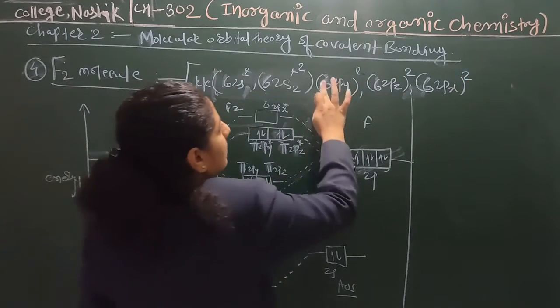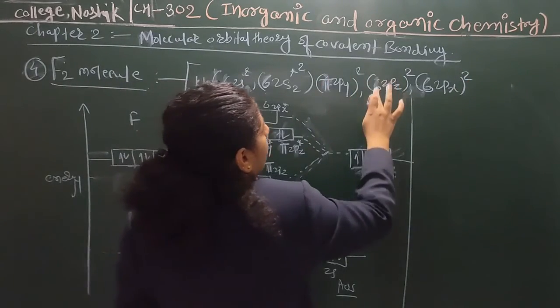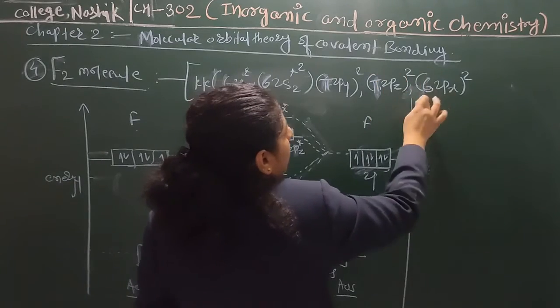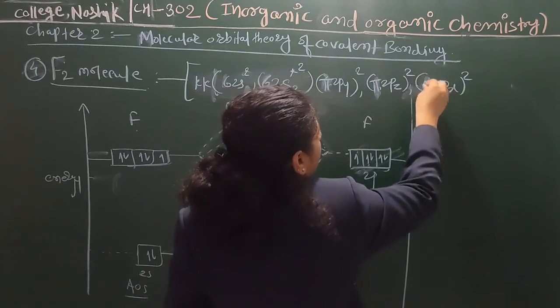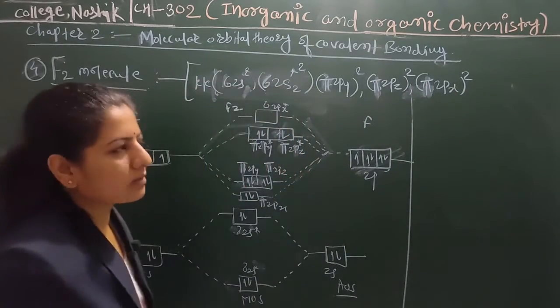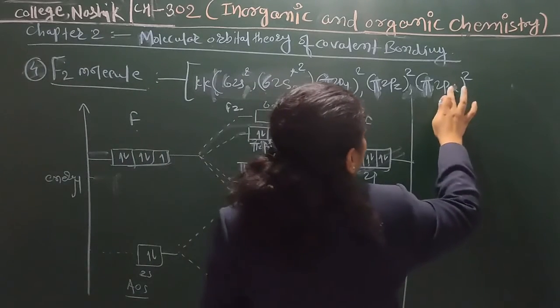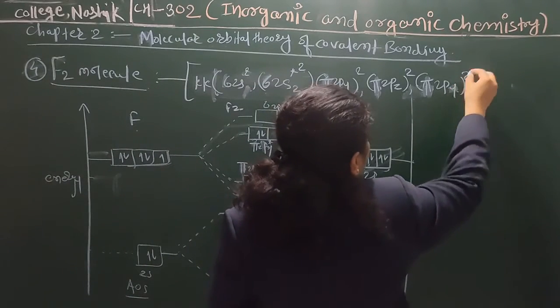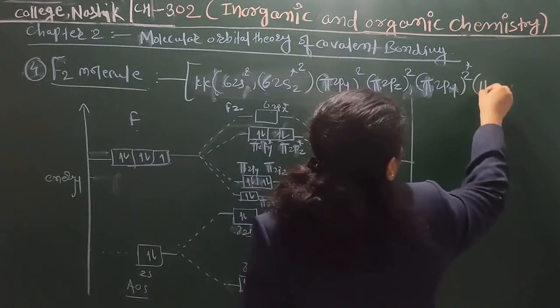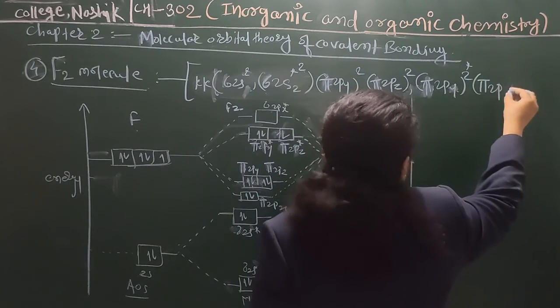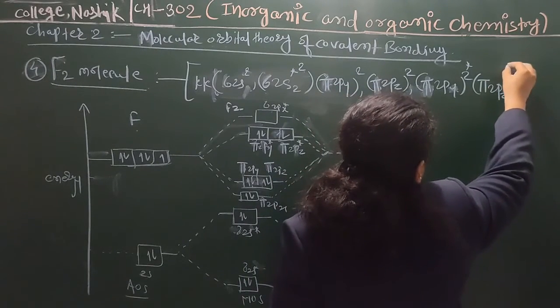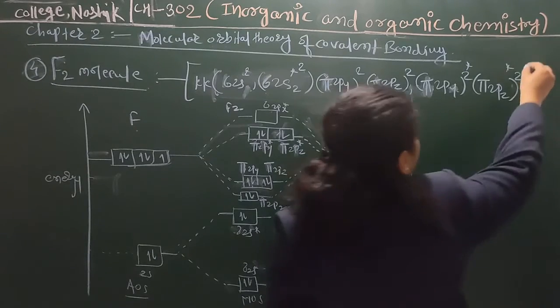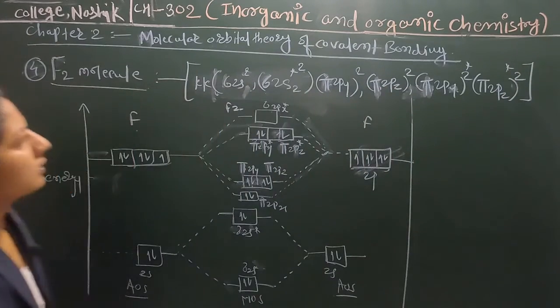Here also there are pi 2py and pi 2pz, and the antibonding pi star 2py and pi star 2pz orbitals.